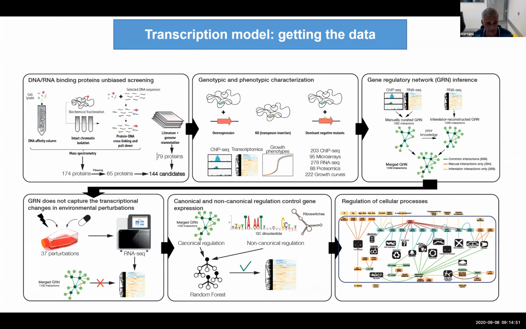Then these 144 candidates we overexpressed. We did knockouts, not all of them because some of them were essential, and we made dominant negative mutants. We did growth curves, ChIP-seq, microarrays, RNA-seq, etc. And then from all these perturbations, we used Inferelator to try to get the RNA and DNA regulation network.